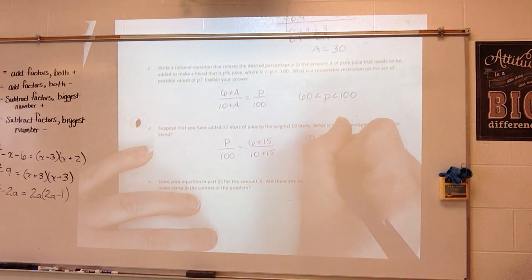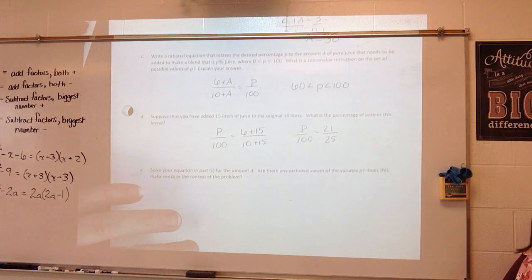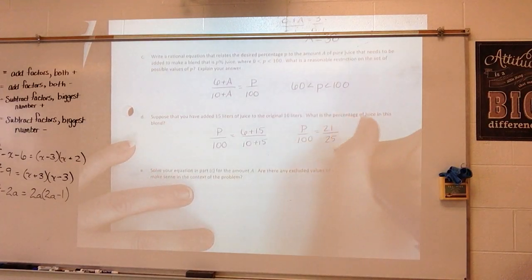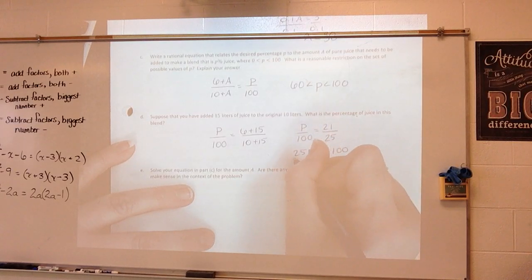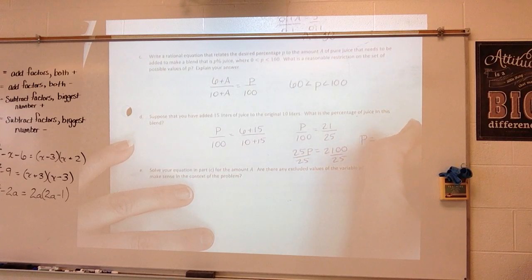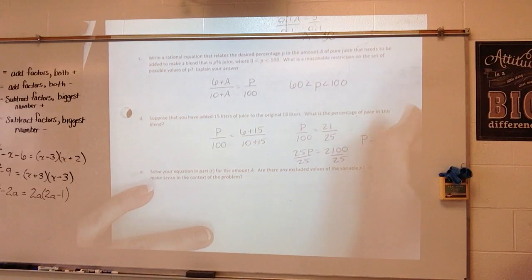Alright, so I have P over 100 is equal to 21 over 25. Guys, because this is a proportion, I can cross multiply. 25P is equal to 2100. So P would be equal to 84. So it's 84%.